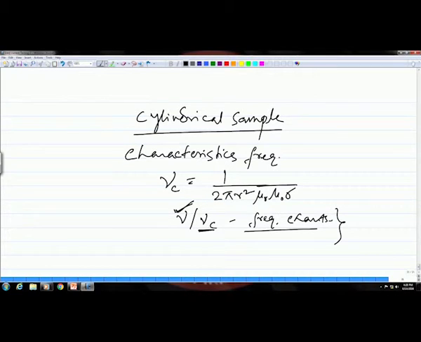From these frequency charts, once you know the characteristic frequency nu c, the test frequency nu can be decided.